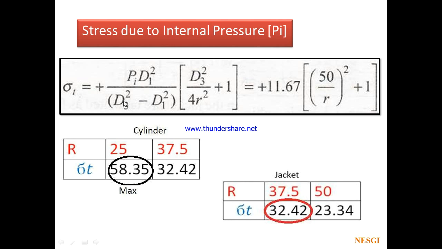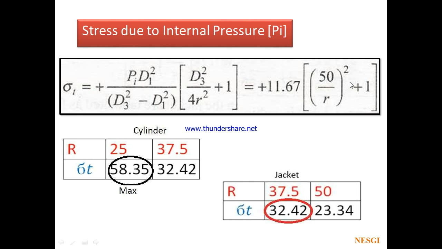So Pi into D1 square divided by D3 square minus D1 square into the bracket D3 square by 4R square plus 1. So this is the stress due to internal pressure for cylinder and jacket at different radius.